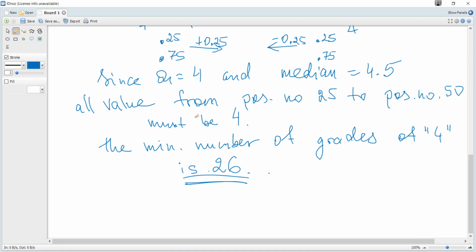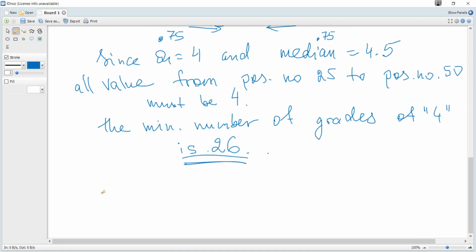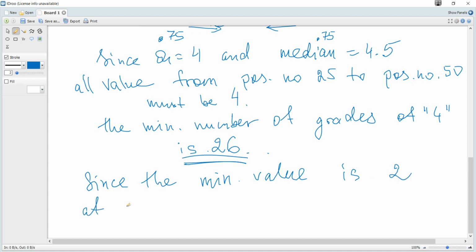And to find the maximum possible number of 4s, we can say the following. Since the minimum value of this data is 2, the first position must be the value of 2.